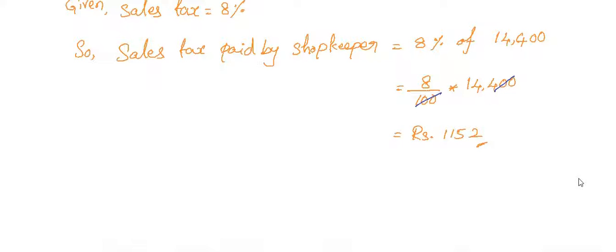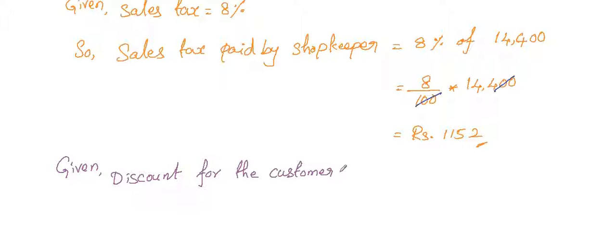Now the shopkeeper sells to the consumer with 10% discount. So the discount for the consumer or the customer is 10%.